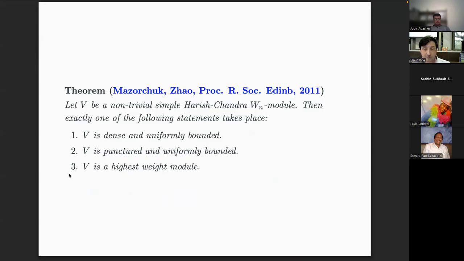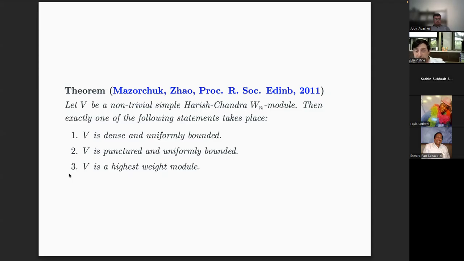But here comes a very important inroad in that problem, where they found out that if you have a non-trivial irreducible Harish-Chandra Wn module, they made a discovery about what its support would be. V is dense and uniformly bounded. What do we mean by dense? Dense means that the weight support of V is nothing but lambda plus Zn, translates of Zn.